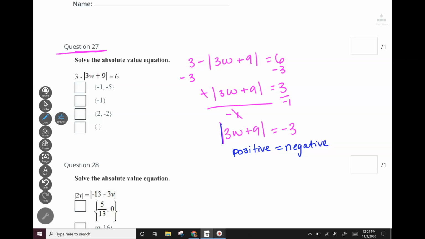Anytime you isolate your absolute value and it equals a negative number, you can say no solution, because that's not possible. So you can just stop right there. And this one right here with the empty bracket, that's another way of saying no solution, or the empty set. So no solution, empty set, all of that would be the correct answer when you have absolute value equal to a negative number.